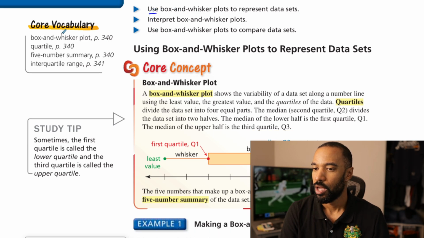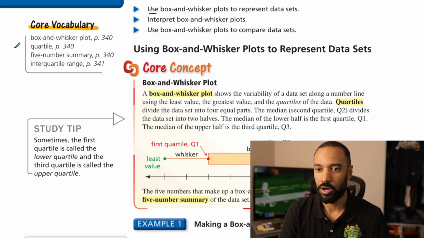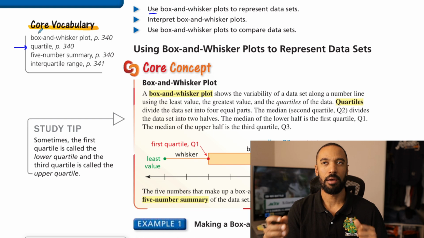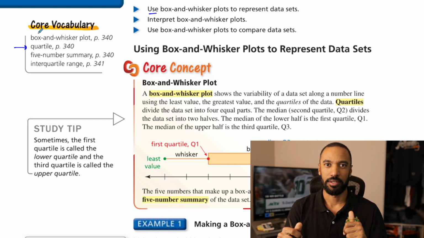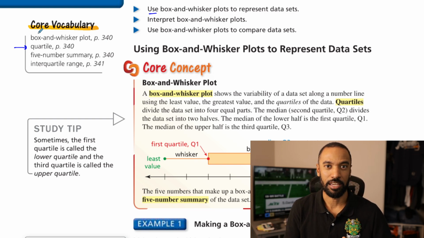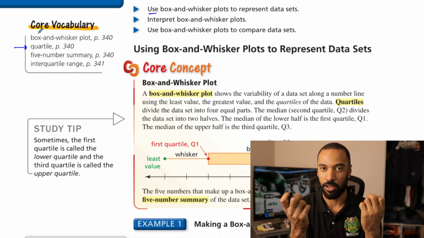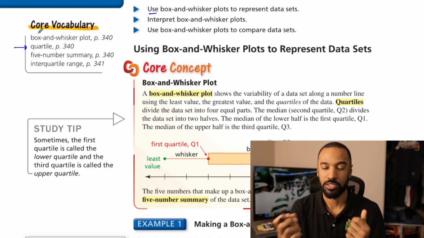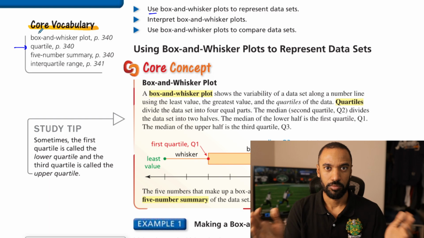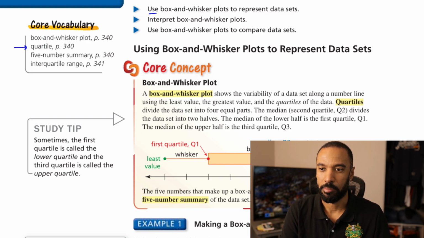There's this other word, quartile, that we're going to have to use. These are basically medians, not medians of medians, but it's the half of a half kind of idea. If the median is halfway in between, quartiles are the quarter ways from your data points. Box and whisker plot is the other thing.